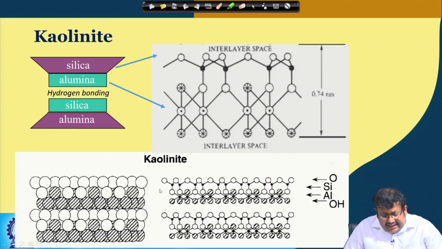One thing is very clear from this structure: in these two adjacent layers, the basal plane of atoms represents hydroxyl here, and the next layer of atoms in the adjacent layer is the oxygen atom.